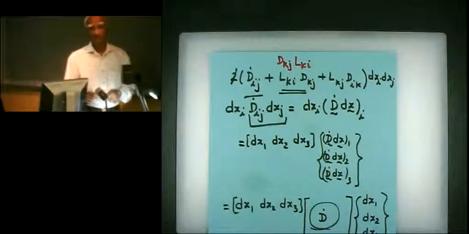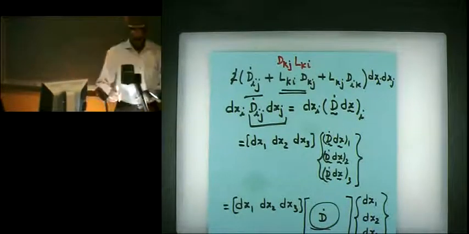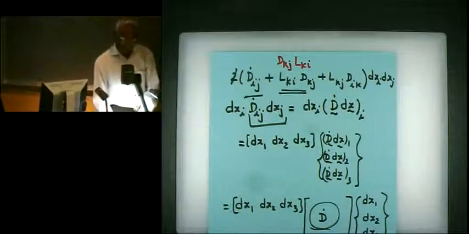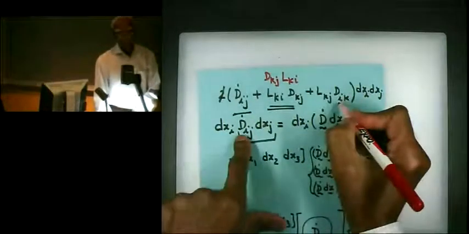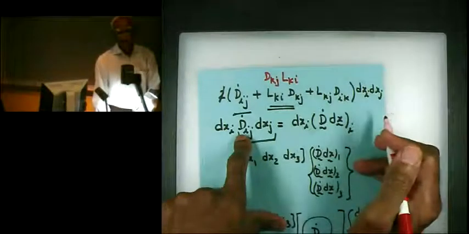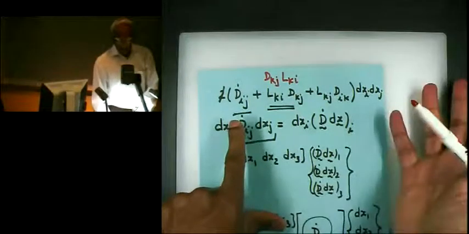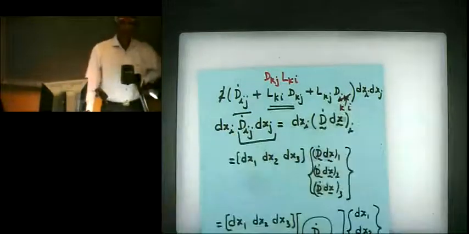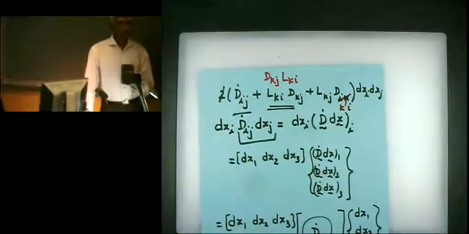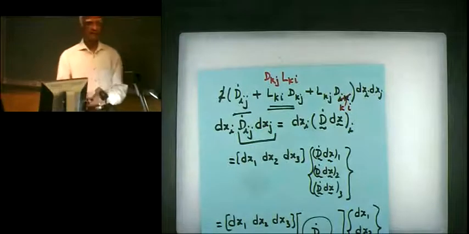So for the third one, you switched them, correct? The L and the D? The third one, you first, since D is symmetric, you can write DIK as same thing as DKI. D is symmetric, right? So on D you can interchange indices.